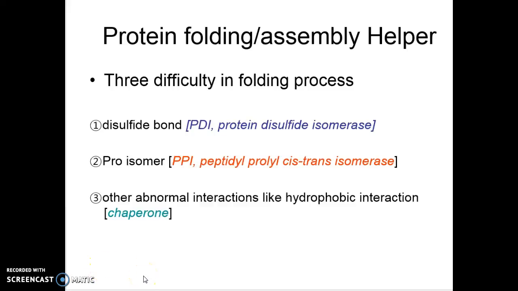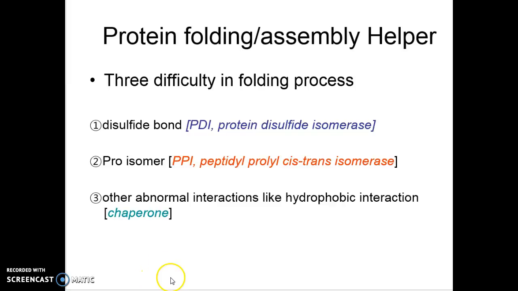Protein folding process has been investigated intensively so that we pretty much understand many aspects, but still we need more studies. Okay, protein folding process is basically a spontaneous process I mentioned, but sometimes need extrinsic helpers because some process shows high energy barriers.